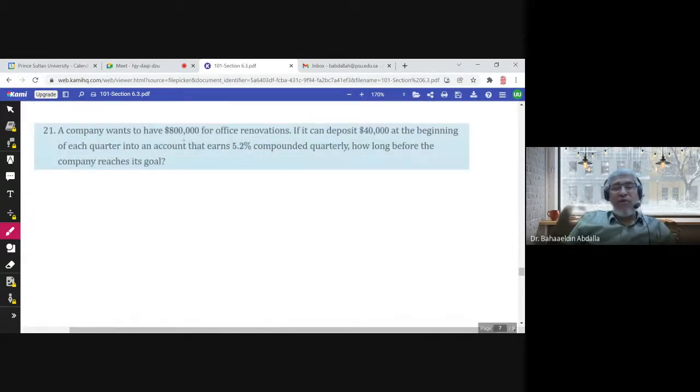A company wants to have 800,000 for office renovations. So this is the future value. If it can deposit 40,000 at the beginning of each quarter, so this is R, the deposit, 4 times per year, into an account that earns 5.2% compounded quarterly.